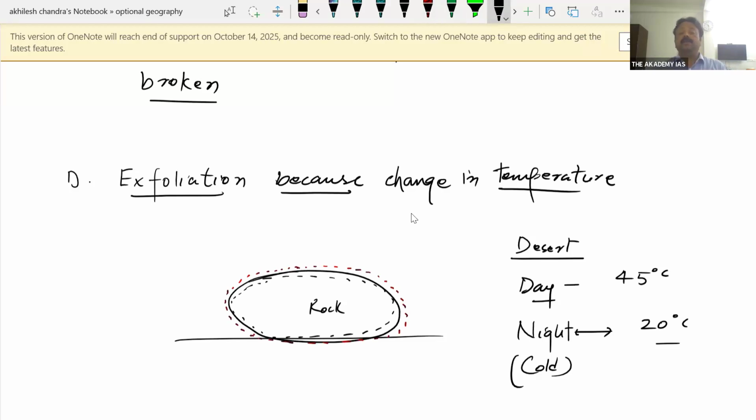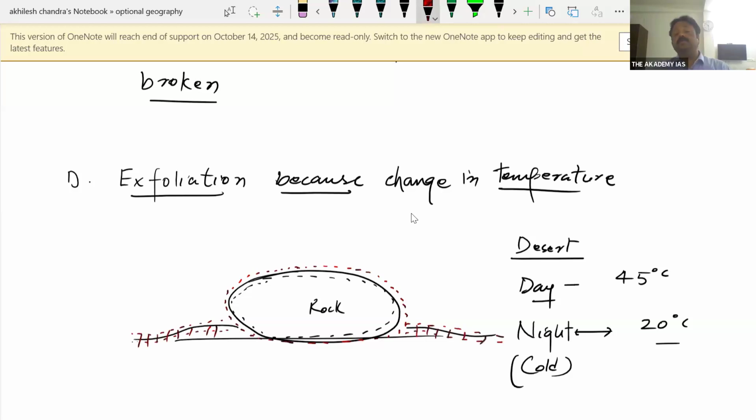This rock upper layer gets loosely held, and one day there is exfoliation of this rock. So the rock upper layer gets detached from the rock. This is the upper layer of the rock that gets detached. And further it is disintegrated into various fragments.